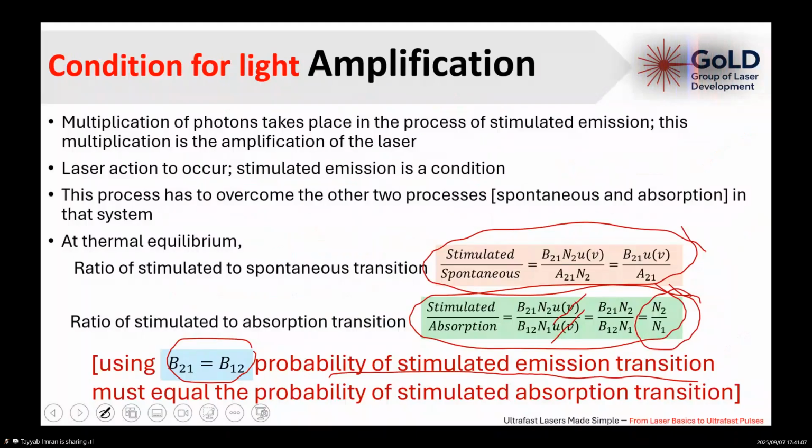Like here, this will be cancelled out, and what you get is simply N2 over N1. This is one of the things that you need to understand: what these equations are telling, and why they are important to know.